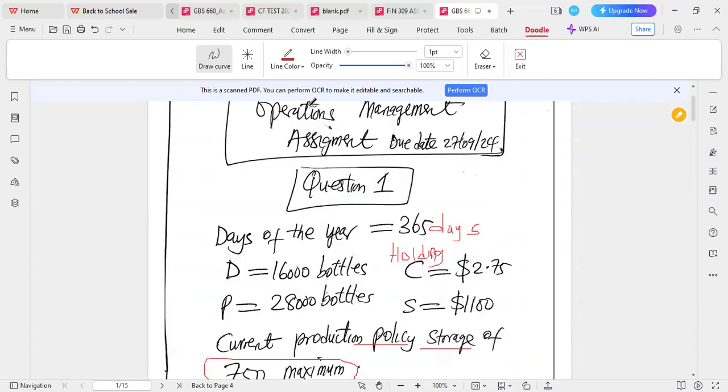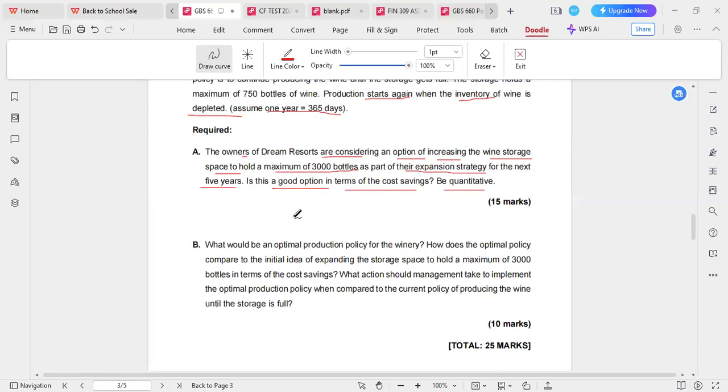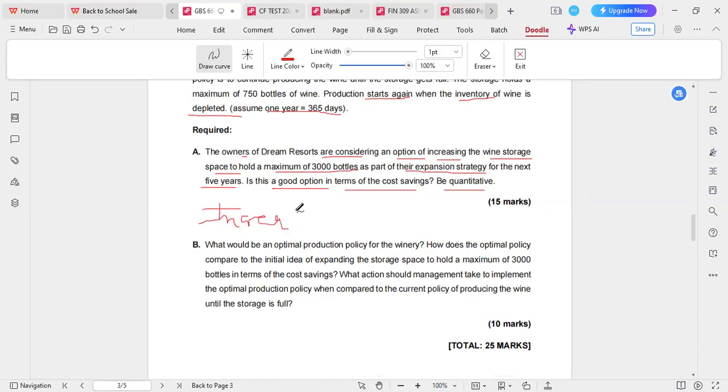Now getting down to question 1B, we have already concluded that you need to increase storage to 3,000.